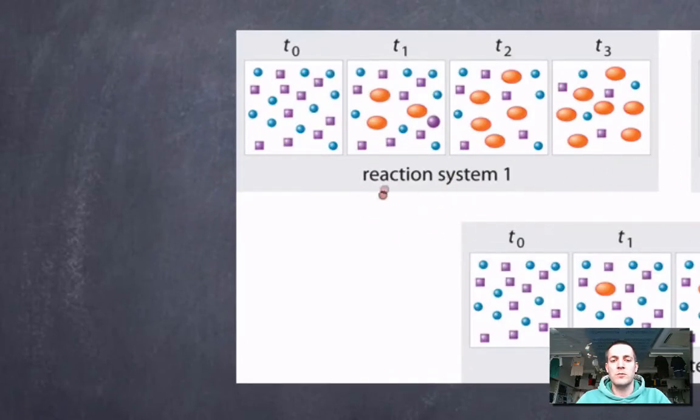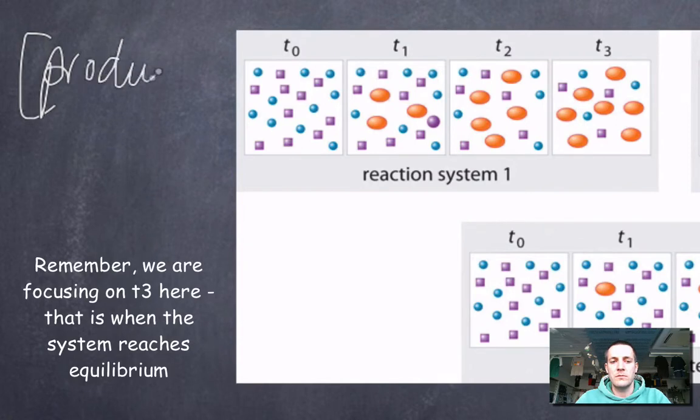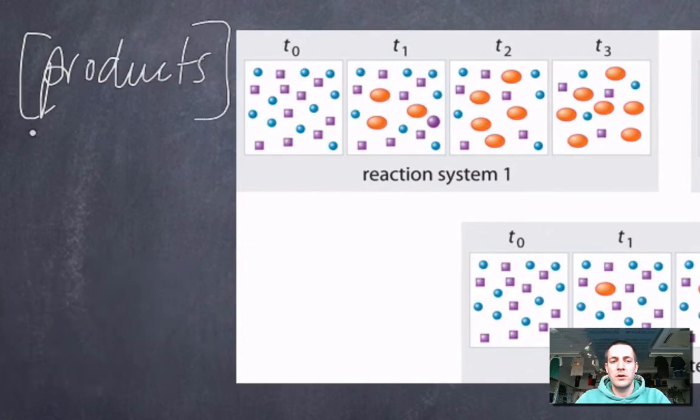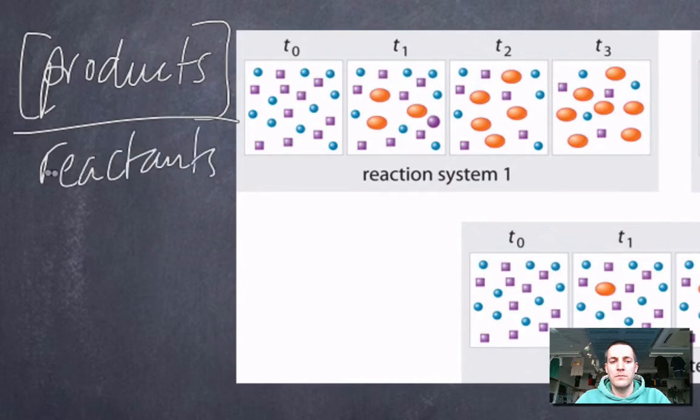In reaction system 1, we could say that the concentration of products is large, but the concentration of reactants at equilibrium is quite small. Now if that's the case and this top number is large and this bottom number is small, then the value of the equilibrium constant will be greater than 1.